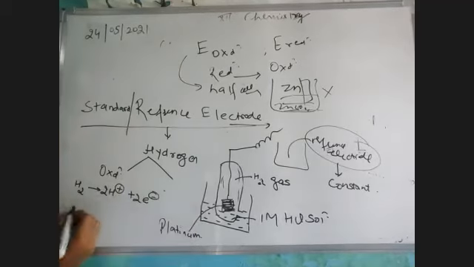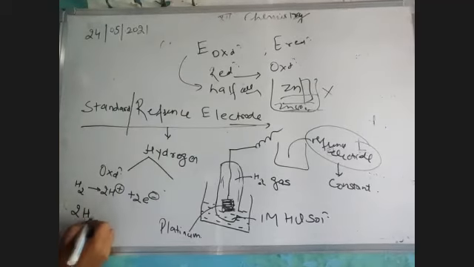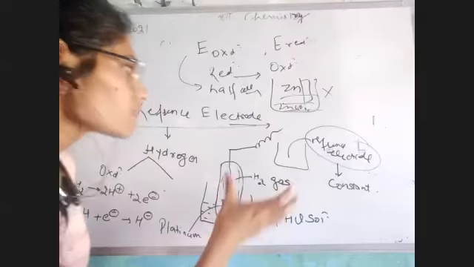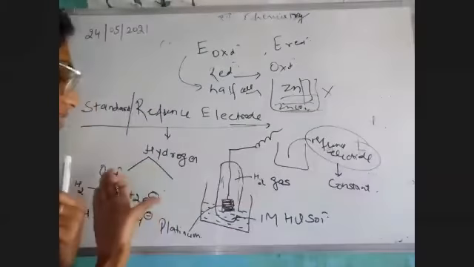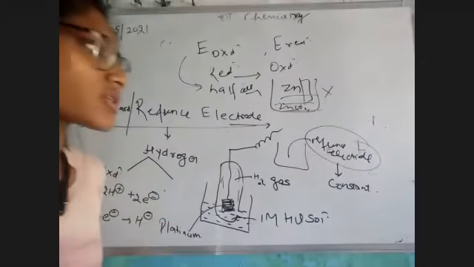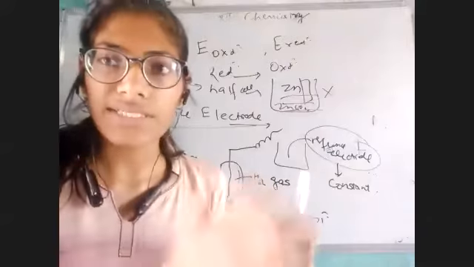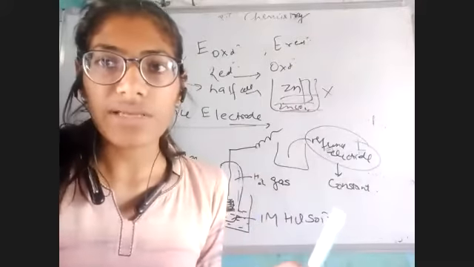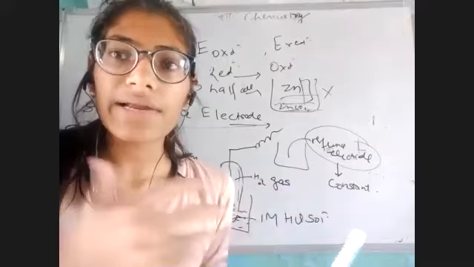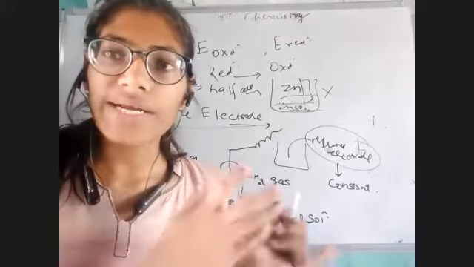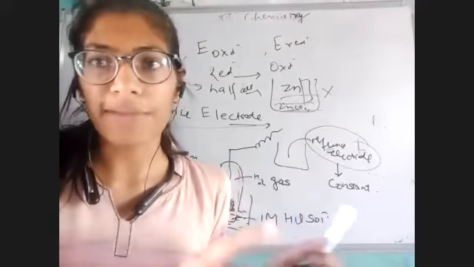Similarly, 2H positive is taking electrons. So I just wanted to say, children, hydrogen has to behave as a reference electrode, and it takes place as both oxidation and reduction, because some electrodes are oxidation and some electrodes are reduction. So it should have the property of both types.